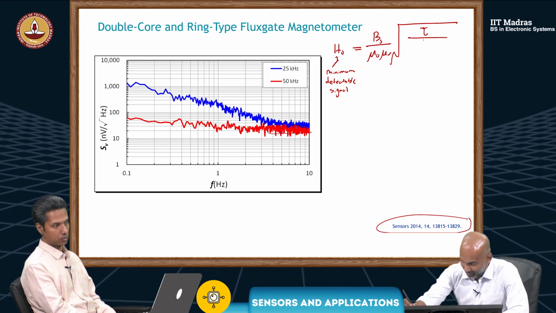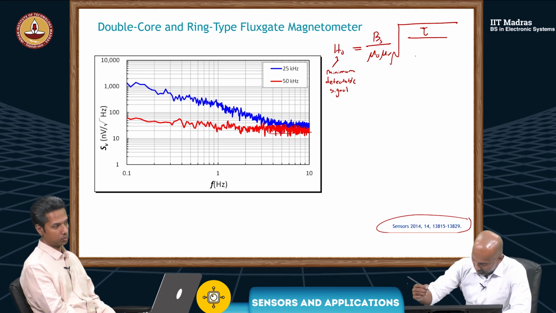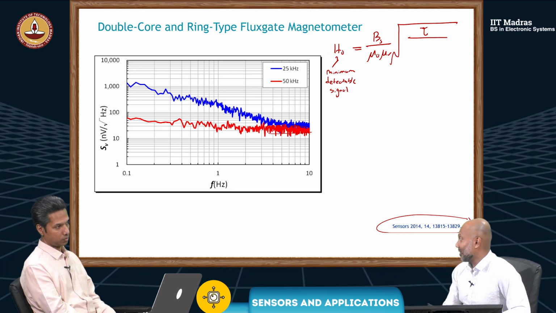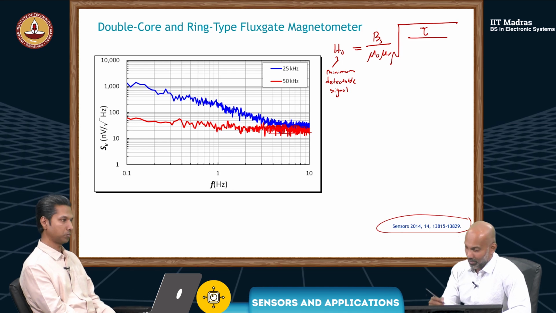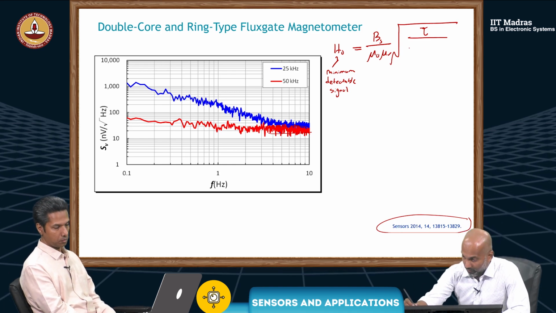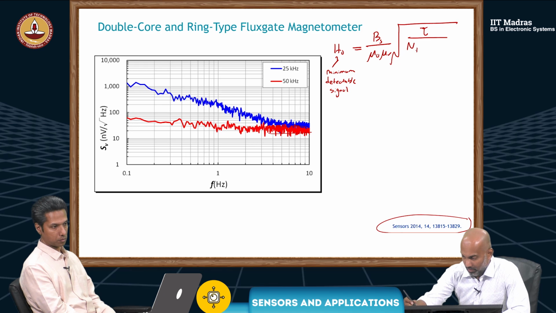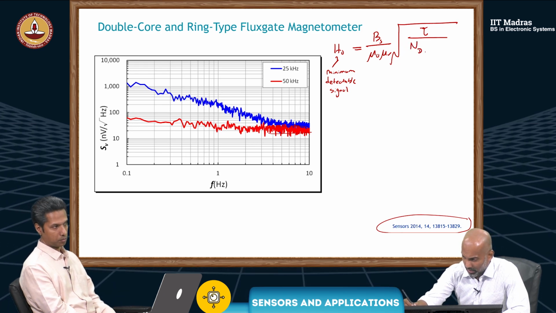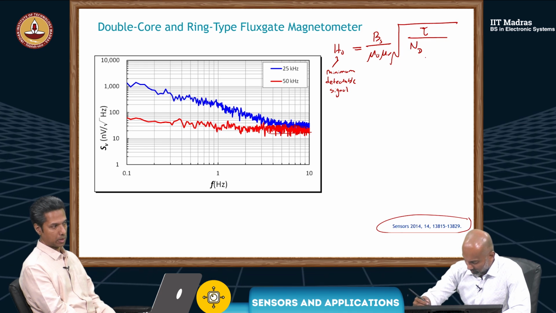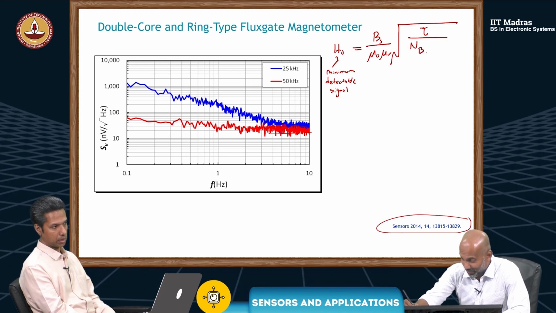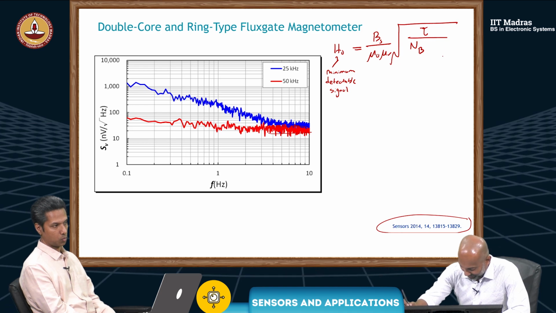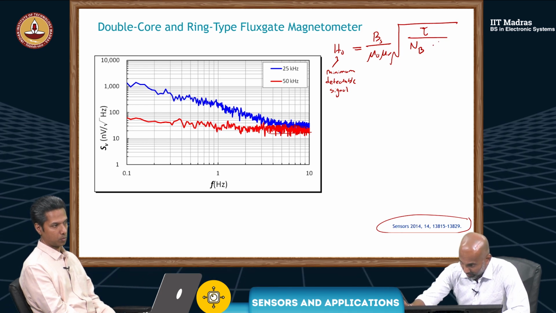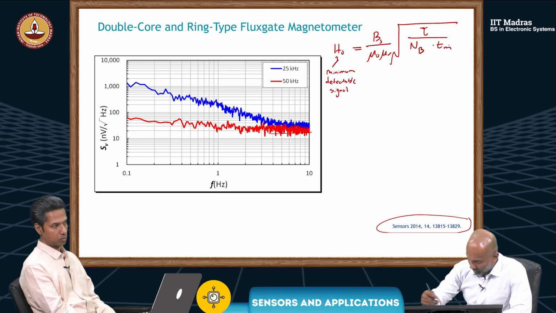What is tau? Tau is the inverse of the excitation frequency. Then we have NB, and there's also TM. TM is the measurement time.